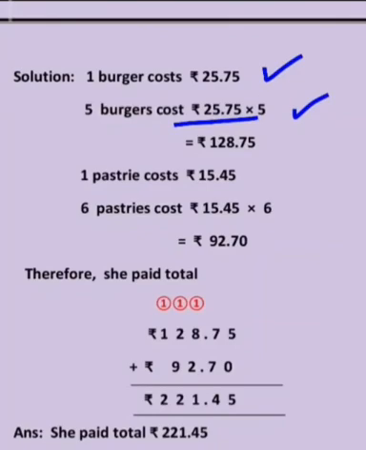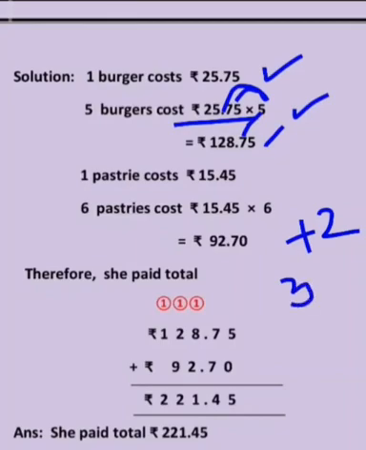5 multiplied by 5 first. 5 fives are 25, 5 carry 2. Now 5 multiplied by 7. 5 sevens are 35 plus 2, 37. 7 done. Next, the carry is 3.